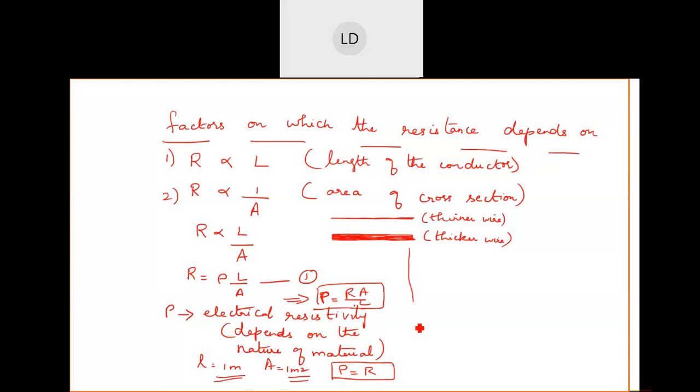The SI unit of resistivity is ohm meter, with the symbol Ω for ohm and m for meter. It purely depends on the nature of the material.